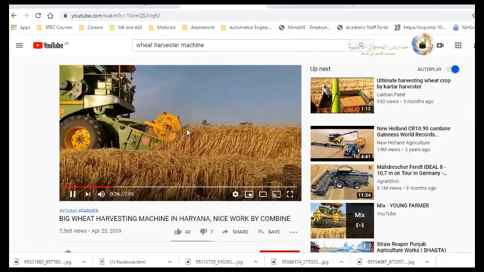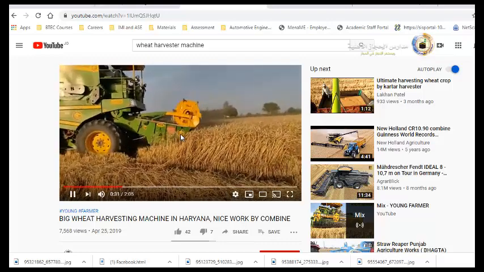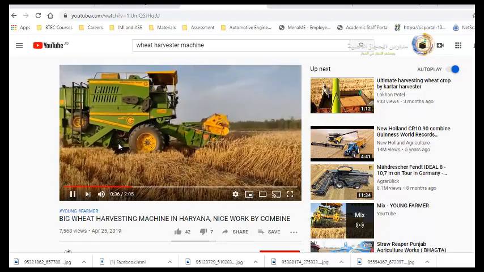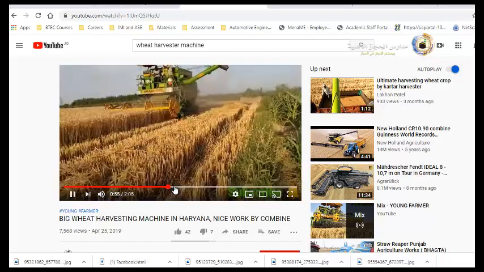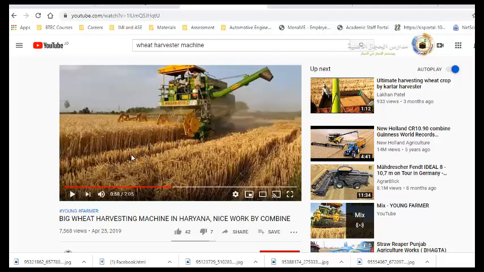They are harvesting the wheat and separating the seeds from the other part. This is how they harvest using this harvester. Let's see. I want to show you the wheat from inside, the very small seeds.